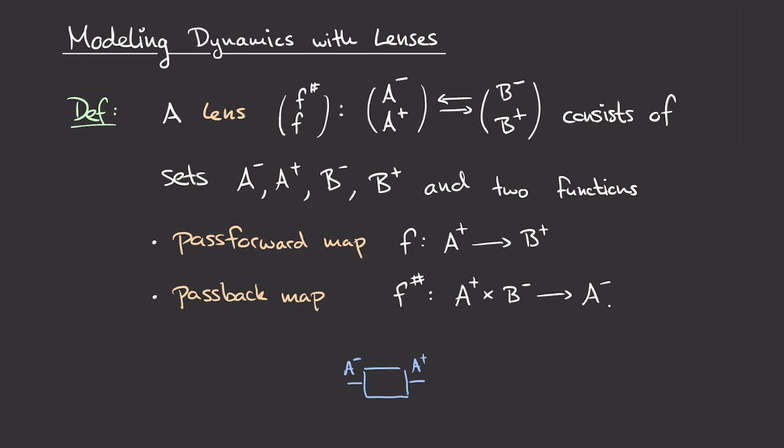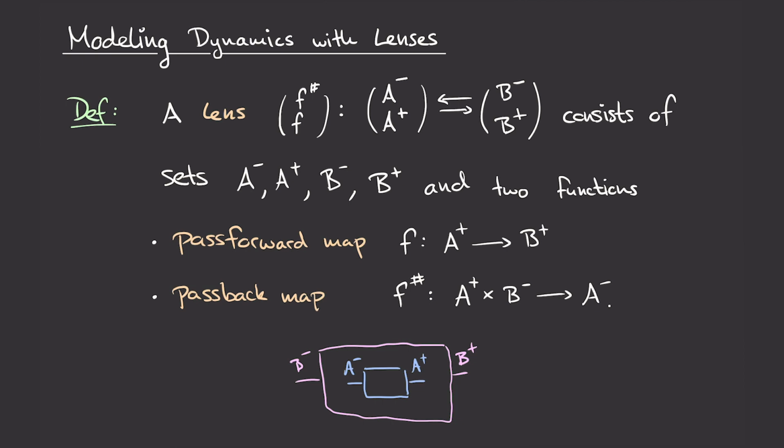On the other hand, we have this outer interface, B minus, B plus, which we envision as surrounding the inner interface. So this interface has inputs B minus and outputs B plus. And we now envision this lens, f sharp f, as mediating between these two interfaces.